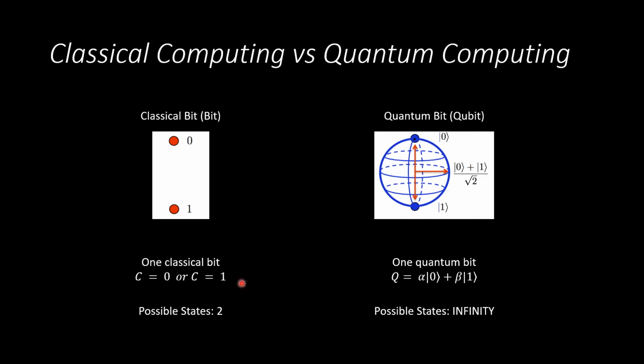However, on the other hand, the quantum computing uses the qubit as the basic unit. For one qubit, it can be exactly 0 or 1 or any values in between. For example, the qubit can be in the form of 10% of 0 and 90% of 1. Thus, it is expected to have infinity possible states for a qubit.